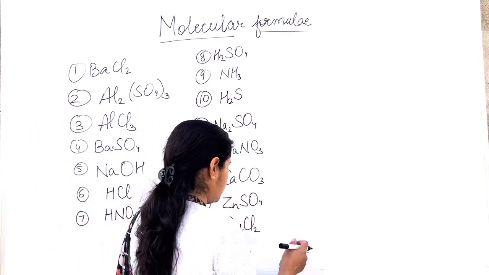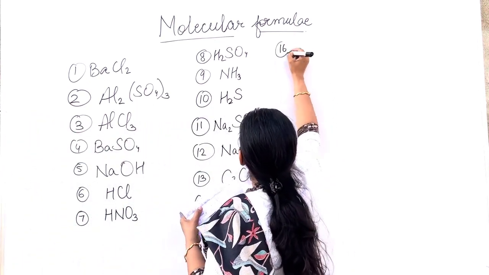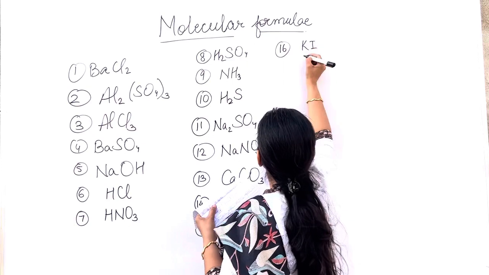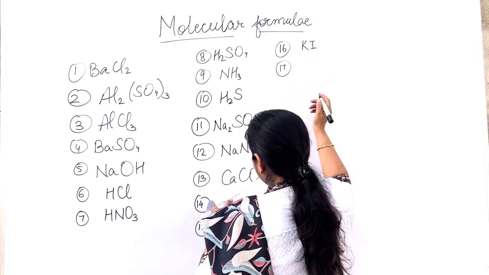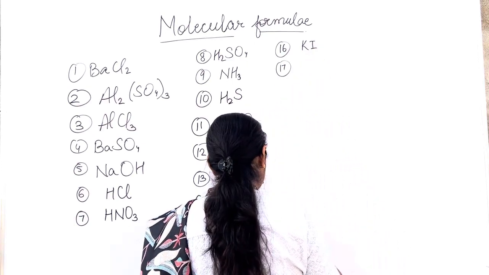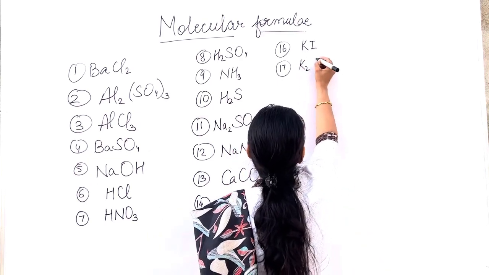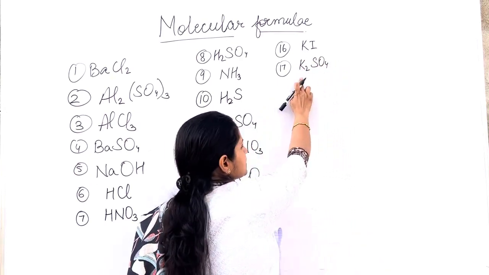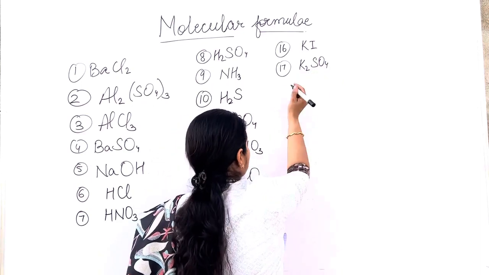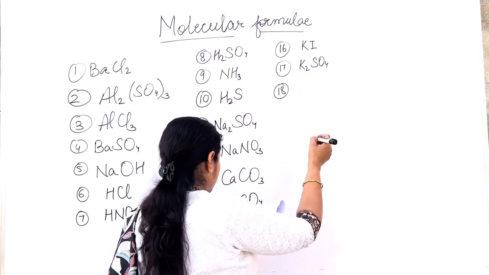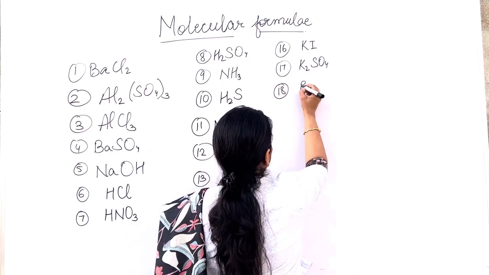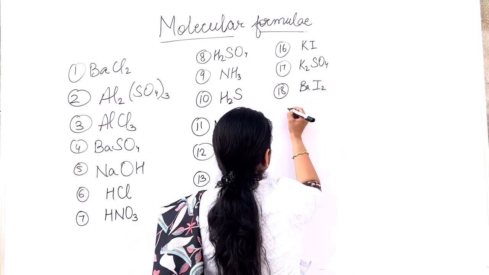Now, next is potassium iodide. Then we have potassium sulfate. 17th was potassium sulfate. So sulfate valency is 2 and potassium's valency is 1. Then we have barium iodide.